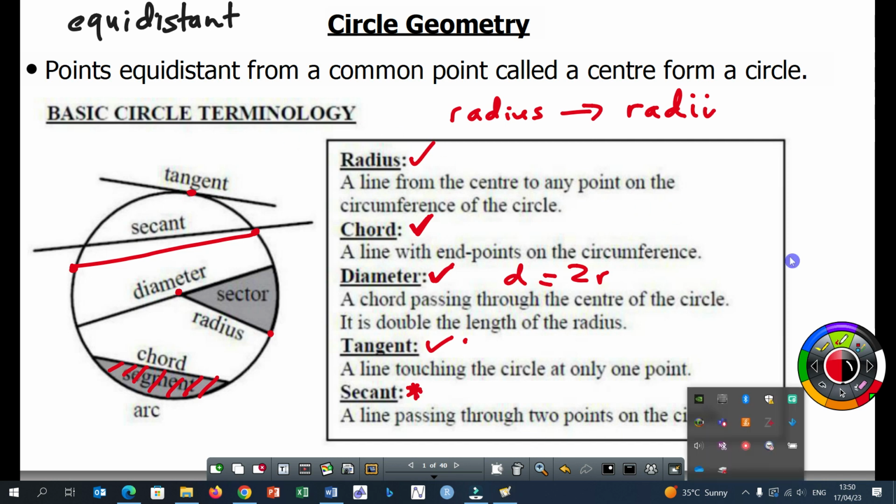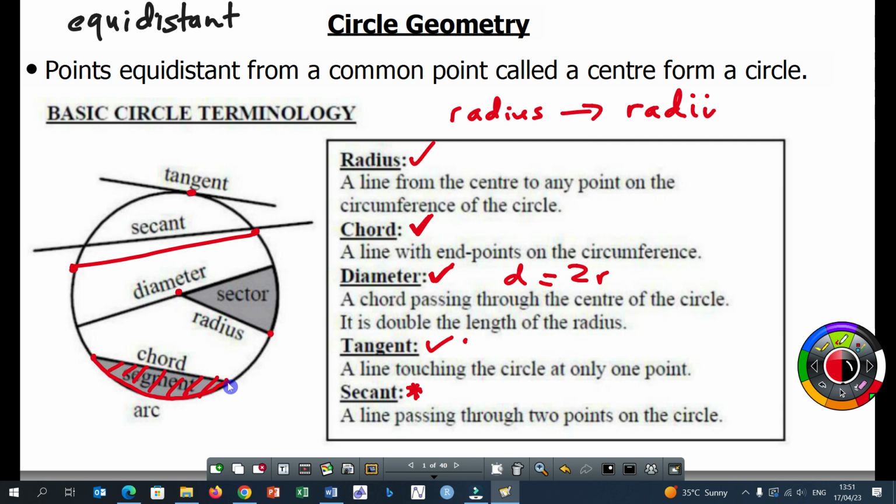Right, so you can talk about an arc as well. Now, an arc of a circle refers to the distance between the end points of a chord on the circumference. For example, from this point along the circumference all the way up to there, that distance there is called an arc. I'm going to repeat it.